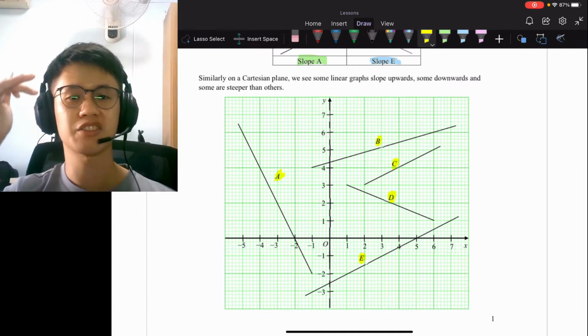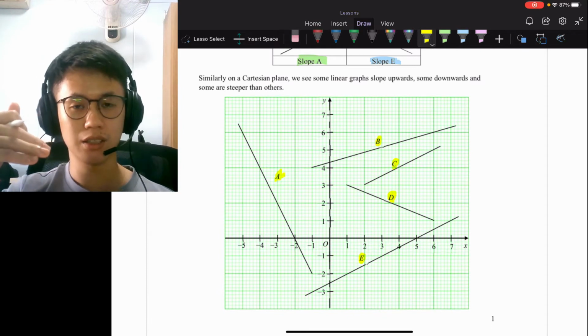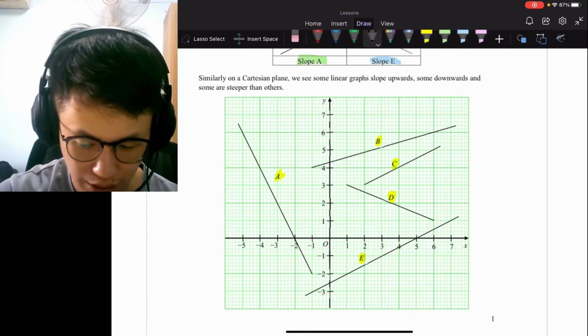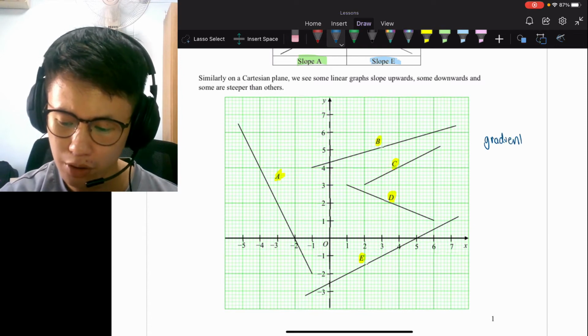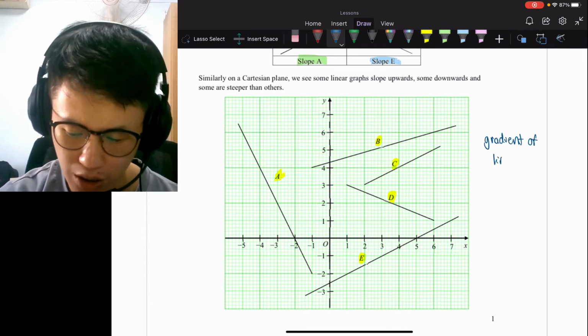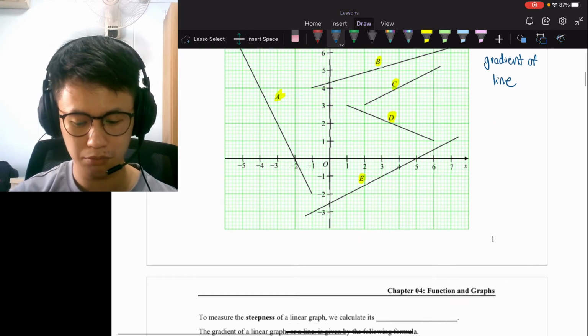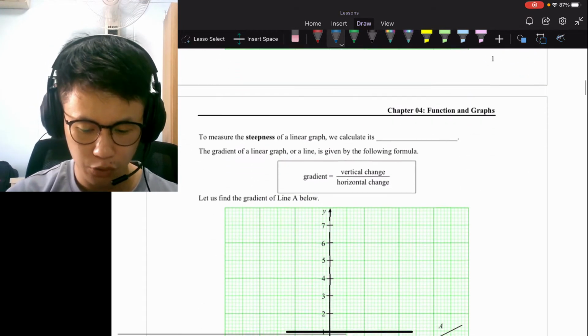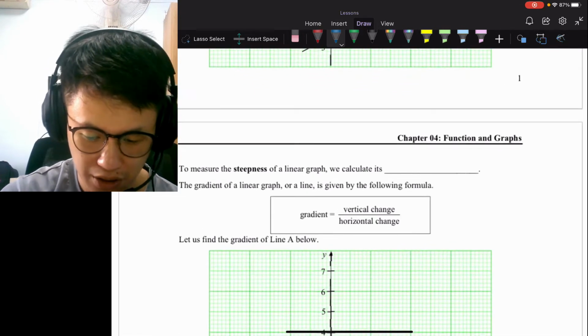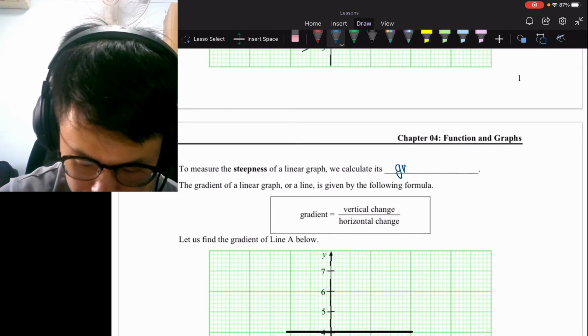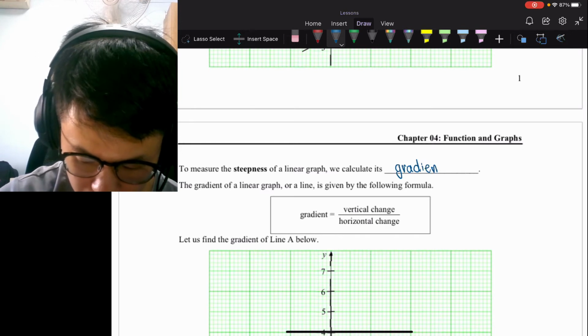We're going to look at the gradient of the line, such that we can find out which is steeper. To measure the steepness of a linear graph, we calculate its gradient.